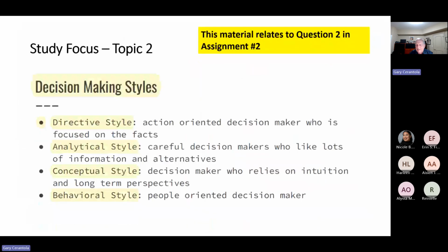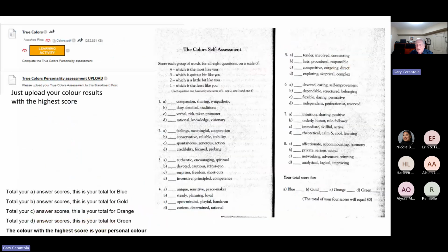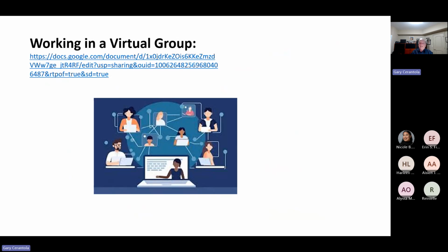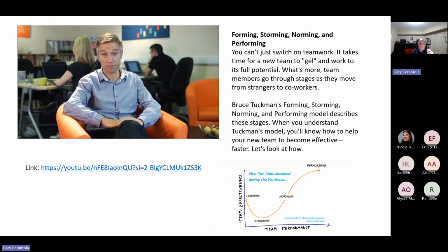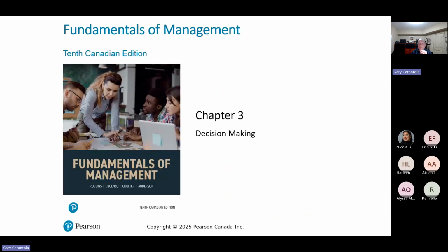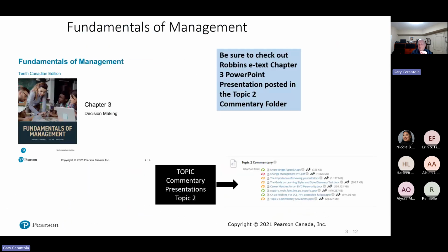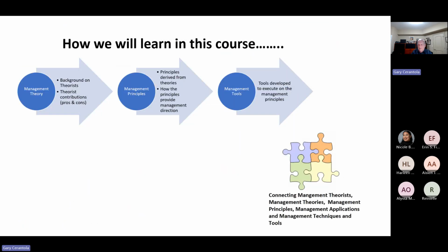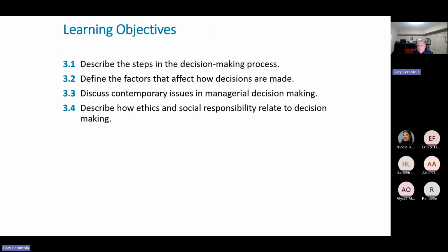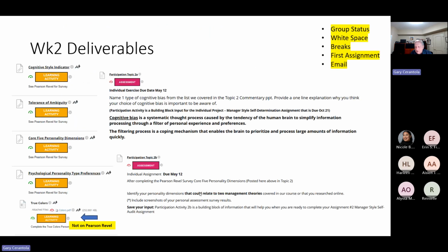I don't have it handy now, but really this one document that I created connects the actual survey to a theorist and a theory. So you'll be able to make that connection on that participation activity. I'm looking for you to do 2 management theories on that piece. So that's what that's all about.